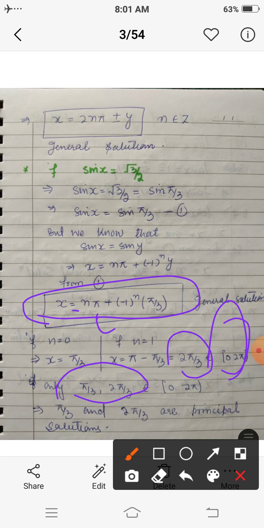But this interval does not contain any negative angle, hence at negative values of n the principal value does not exist. It exists only at n equals 0 and n equals 1.